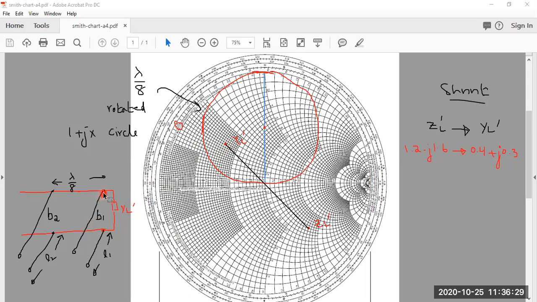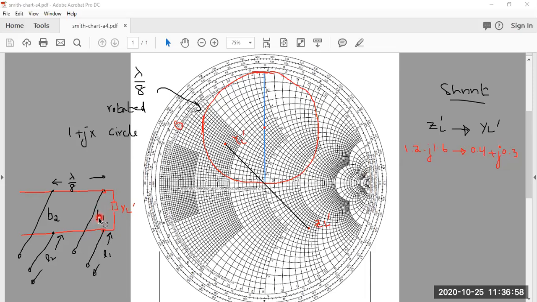Now, when you connect the stub, what will this stub do? This stub will provide only B1, which means this part. So the real part will not change when you connect stub number 1. What will change? The imaginary part will change. So the real part will remain constant, and the imaginary part, which is susceptance, will change when you connect a stub.